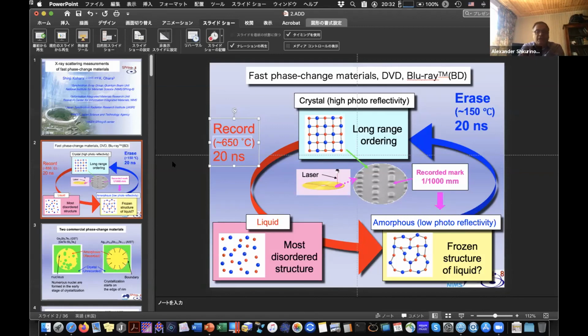Okay, you have crystalline phase of the substance, the first one. Then you heat it up to 650. You have liquid. Then after liquid, you have amorphous phase because you are cooling.